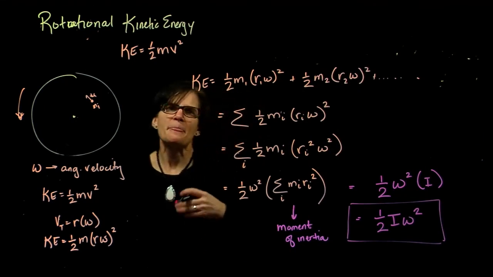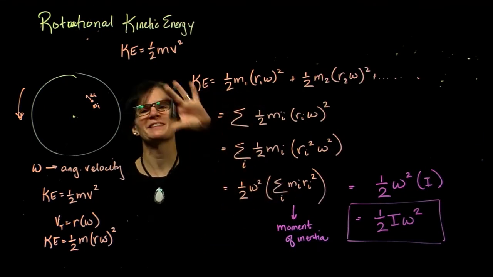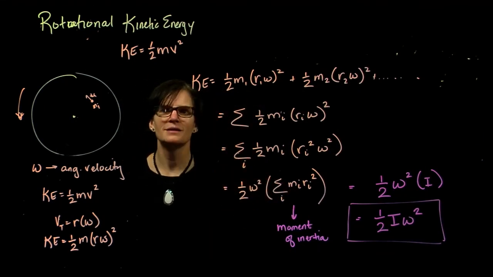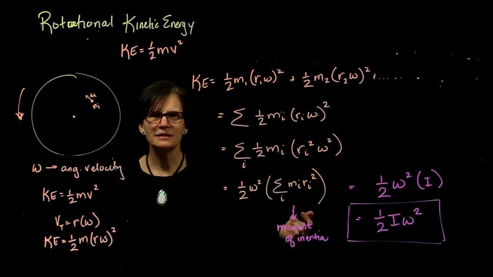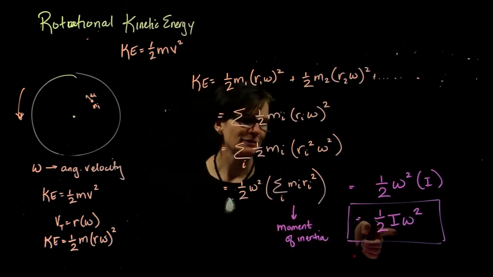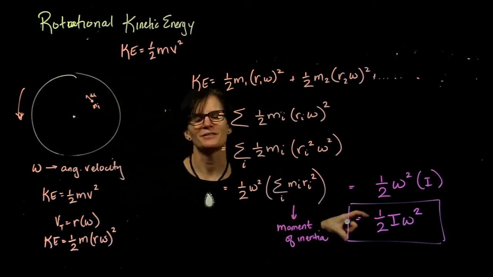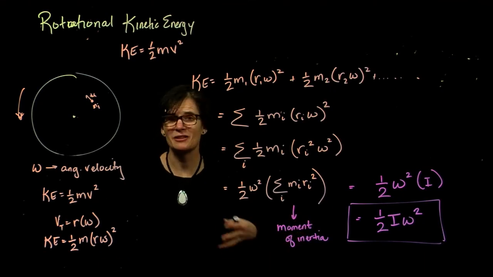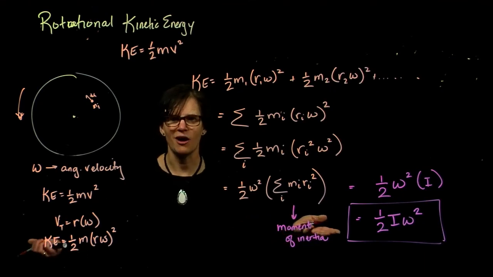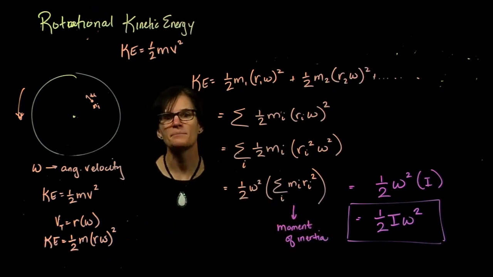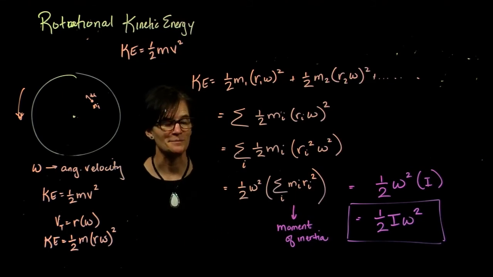Now, that has a striking resemblance to our kinetic energy for translation. The 1/2. Well, I is our mass distribution, just like m is the mass of an object moving translationally. I is our rotational analog, the mass distribution about the axis. Remember, the axis is important.